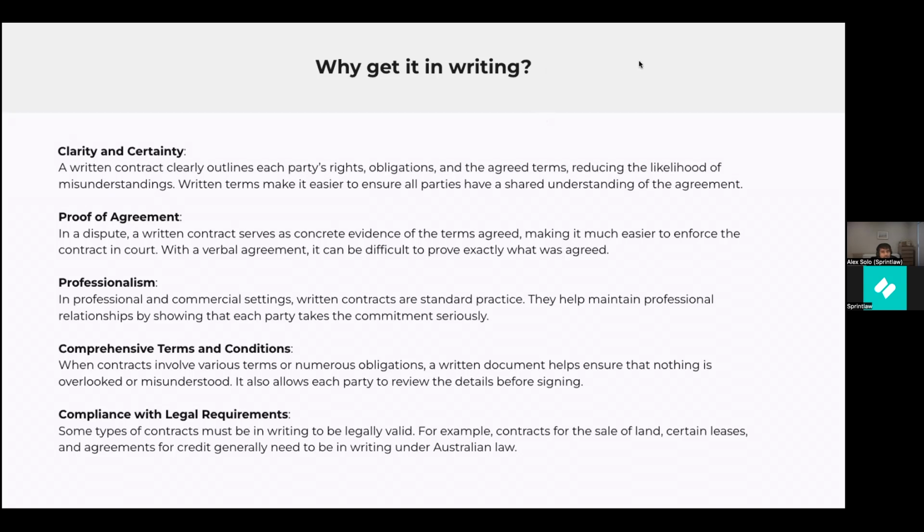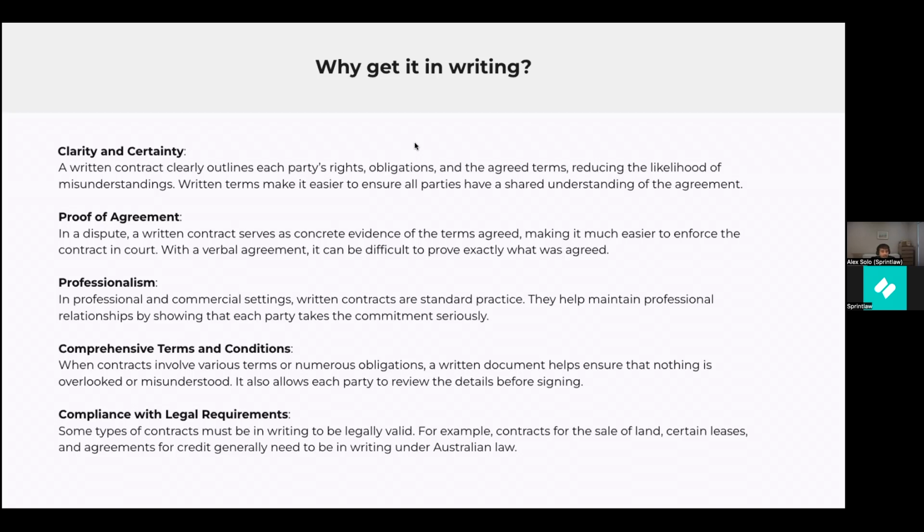Another reason why a lot of people do contracts, particularly with customers or suppliers, is just professionalism. It is possible to do business without contracts. When you go to the cafe and order a coffee, you don't sign a contract for $3 to get your cappuccino. So you don't need them for every transaction. But in certain business transactions, it can add to the professionalism, in part by adding that clarity and certainty.